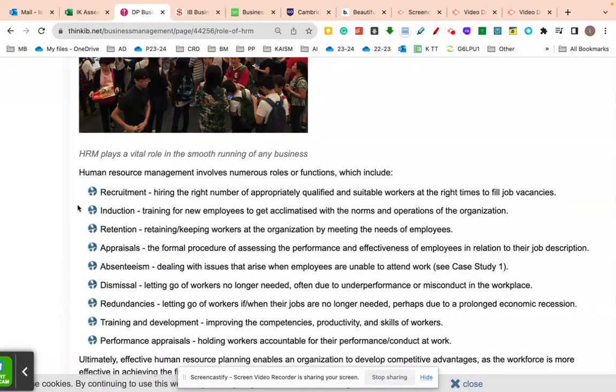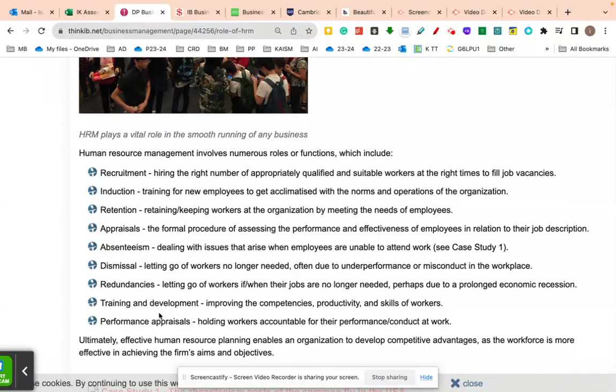Recruitment: hiring the people that you need, and finding and writing the right job descriptions in order to get the workers that you need, assessing the areas of the business, the roles that you will need to fill in order to write a description and then advertise a job. Induction: as soon as you've got these people recruited, you need to train them. This induction means initial training to get used to the organization and the way that it works.